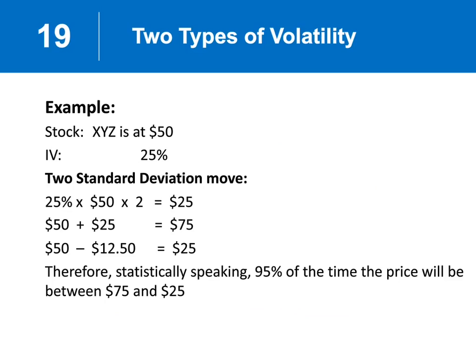If you remembered back from an earlier slide, 2 standard deviations is 95% of the time the prices will be within 2 standard deviations. Now what is that? Well, we do simple math here. 25% times $50 stock times 2, $25. We add that and subtract it to the stock. We get a range of 75 and 25. Once again, the important thing to remember is it's only as good as the input.